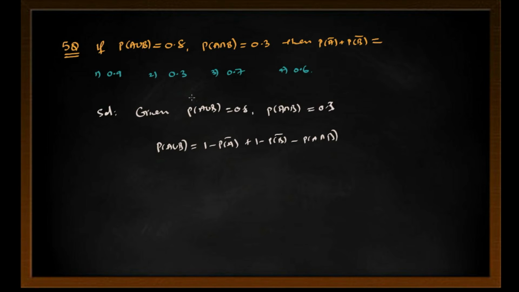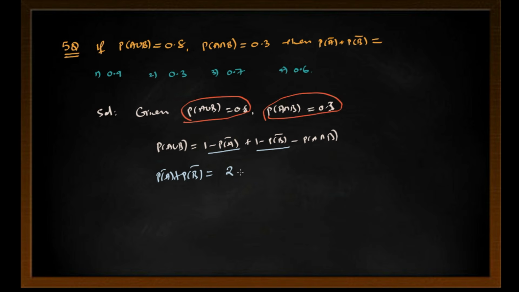Next question. If P of A union B is 0.8, P of A intersection B is 0.3, then we have to find P of A bar plus P of B bar. From the addition theorem we can write P of A union B equals, instead of P of A I am writing 1 minus P of A bar, instead of P of B I am writing 1 minus P of B bar, minus P of A intersection B. Now we have to make P of A bar plus P of B bar the subject.